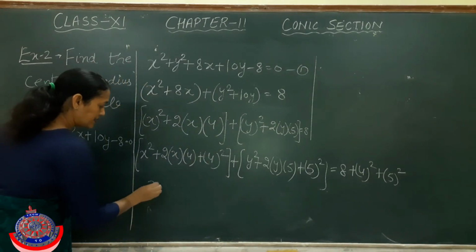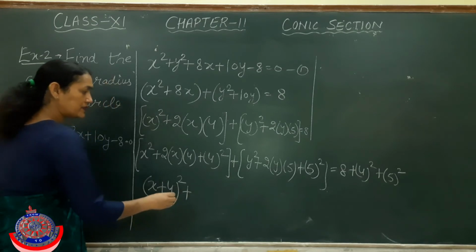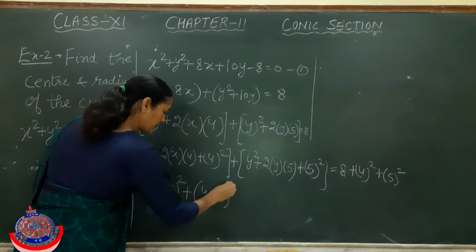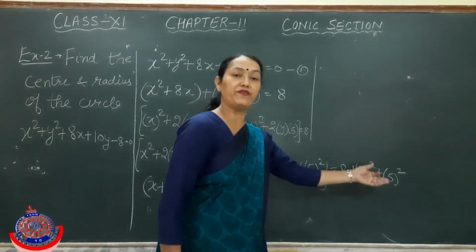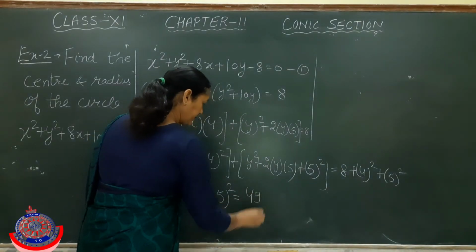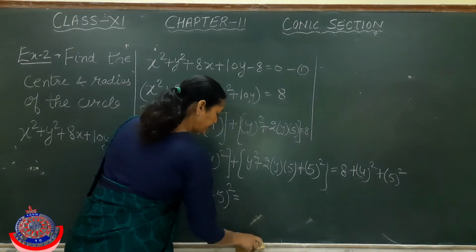This can be written as a plus b whole square plus again a plus b whole square, and here 16 plus 25 plus 8 will give us 49, and 49 can be written as 7 square.